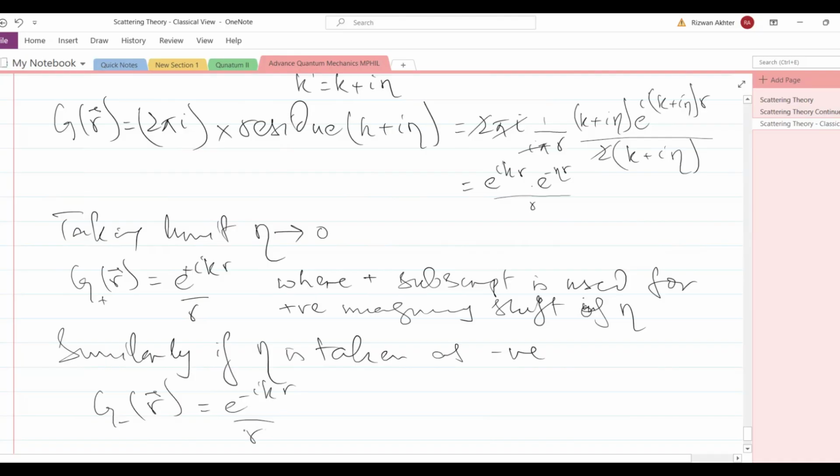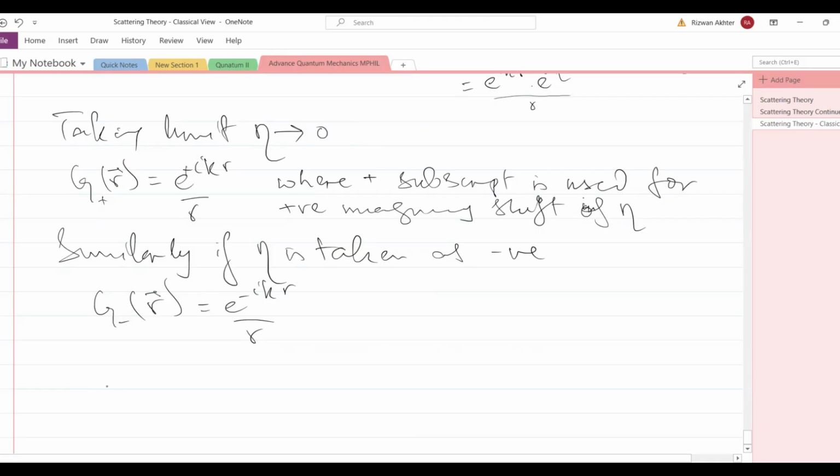So we have two solutions. G plus is basically an outgoing spherical wave. Or in terms of Green's function analysis, it is known as the retarded Green function. So we have G plus and G minus.